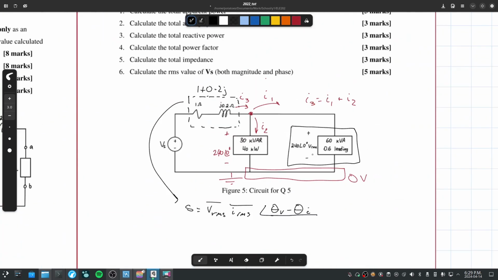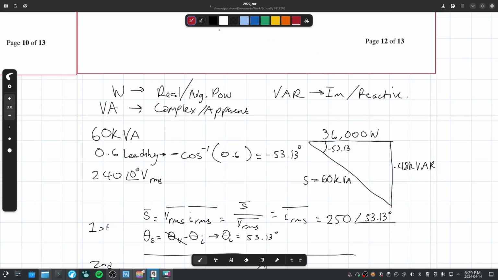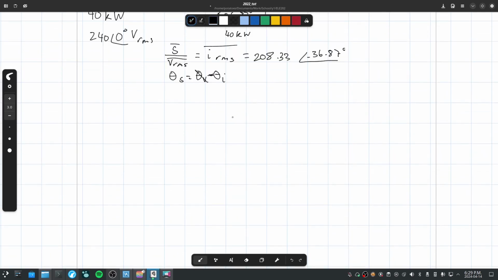So we know here that I1 going this way is 250 with a phasor of whatever, and this one going down is whatever. So I3, the current running across this impedance, is going to be the sum of that. Let's find I3. So this is going to be third.